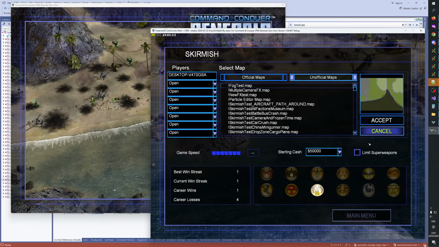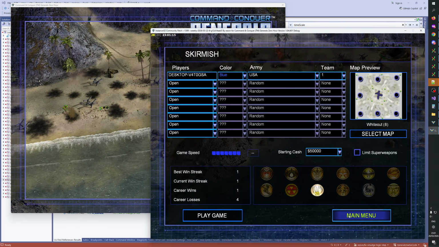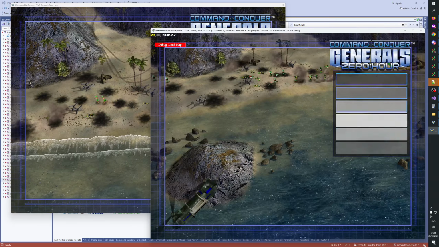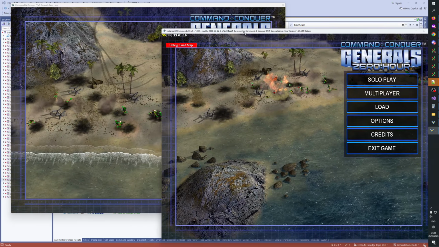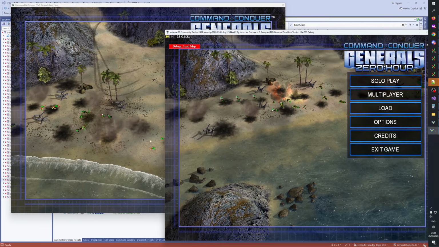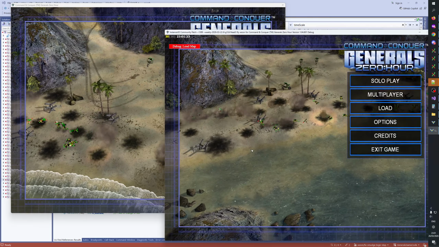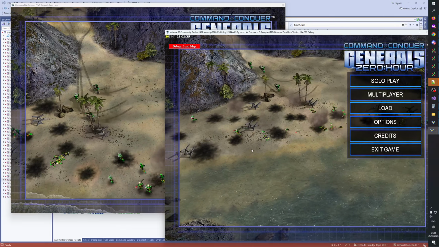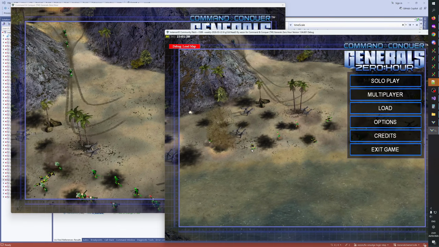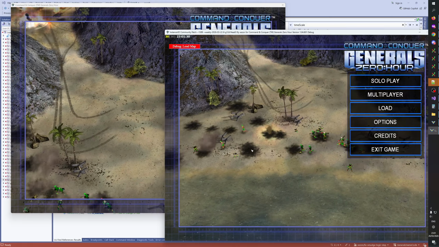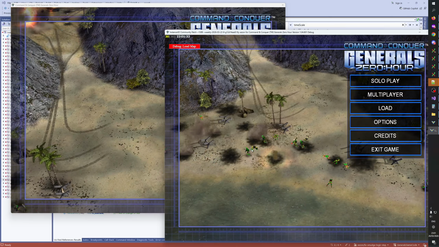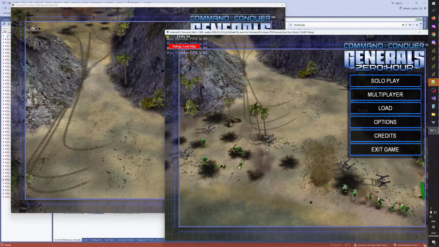Actually, let's compare the shell map. How about that? Let's just observe the shell maps. We need to change the render FPS.